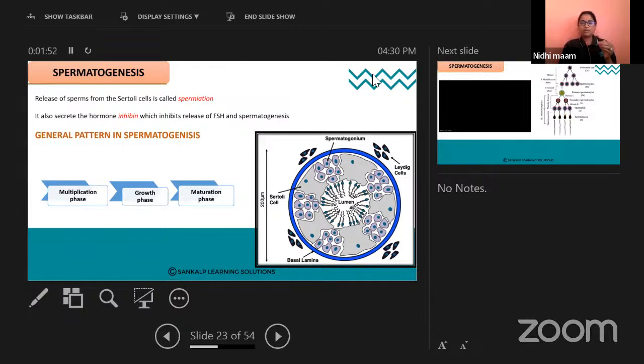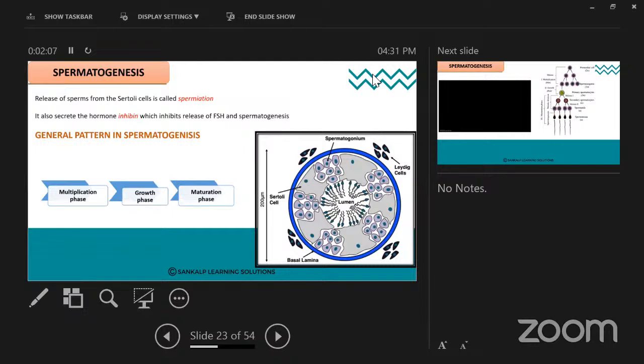So this spermatogonia, which will be diploid in nature, will increase in its size. Then that cell is called as? Primary spermatocyte. Okay, good.